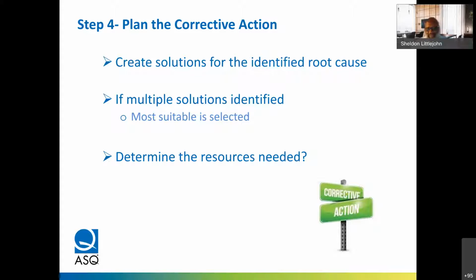If multiple solutions are identified, the most suitable is selected. You want to look at this from a feasibility standpoint, which is going to actually have the most impact on the problem that we are trying to solve. And we move on to determine the resources needed. What will be needed to actually implement this corrective action?